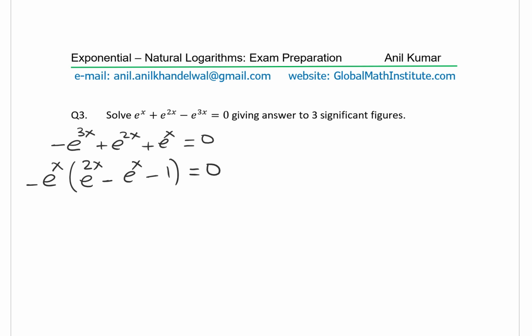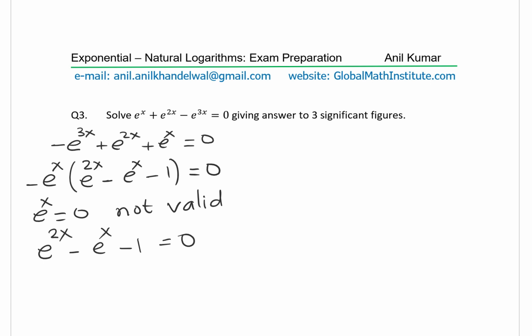Now, one of the solutions could be e to the power of x equals to 0, which is not valid, right? So e to the power of x equals to 0 is not valid. So that is not a solution. The other one could be e to the power of 2x minus e to the power of x minus 1 equals to 0. Well, let's substitute, let's say e to the power of x equals to t, for example.